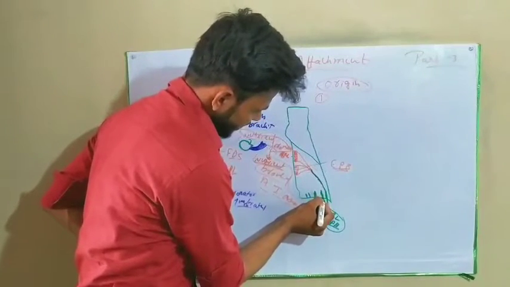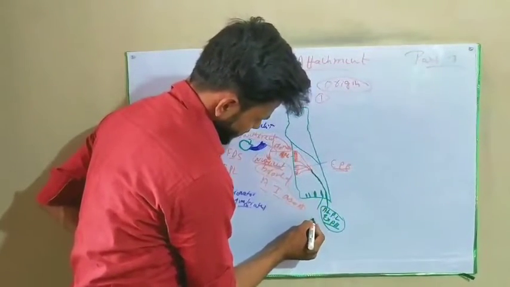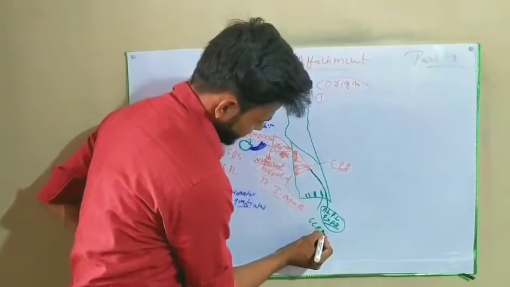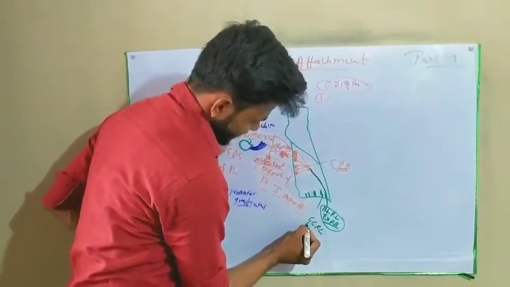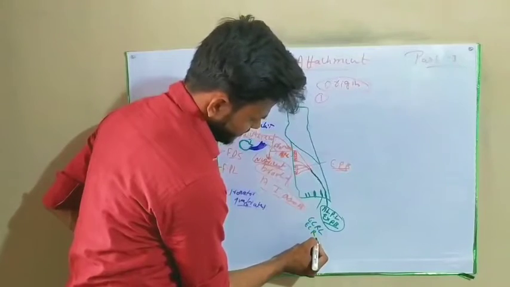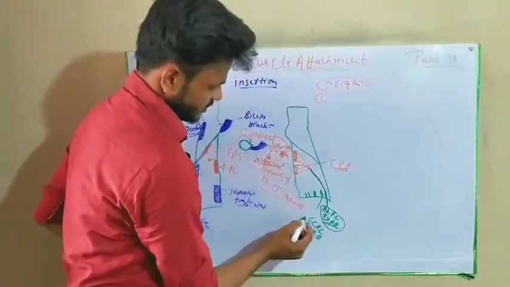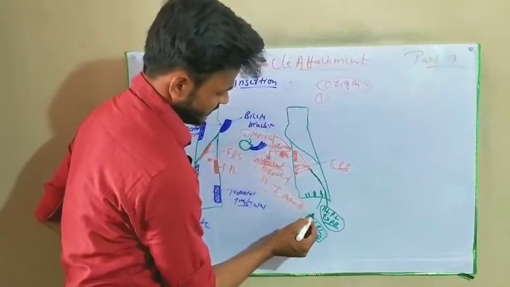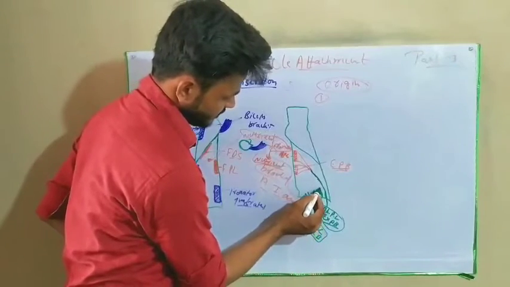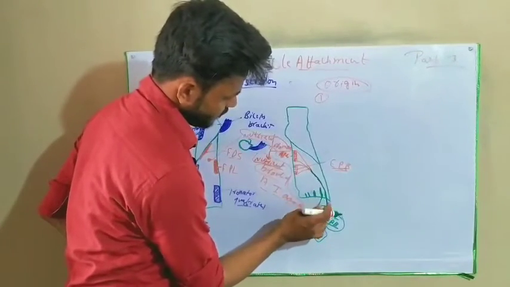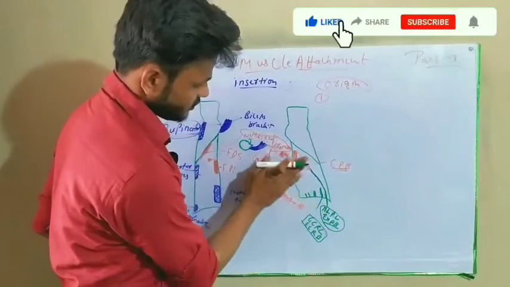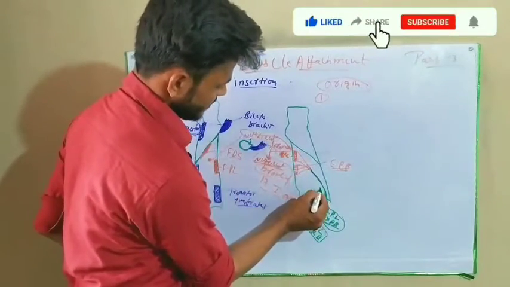Those tendons are extensor carpi radialis longus and extensor carpi radialis brevis. Those muscles' tendons will pass through our second groove of the lower end on the posterior surface of the radius.